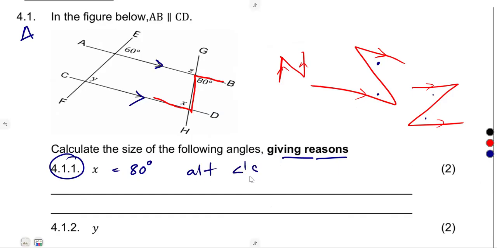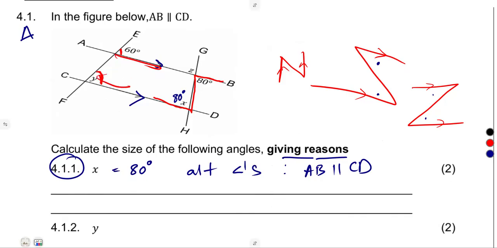These are alternate angles, since AB is parallel to CD. So that's it. This one is 80 degrees. So to find y, there is also our parallel lines. We've got this 60 degrees outside of the parallel lines, and y inside of the lines that are parallel.